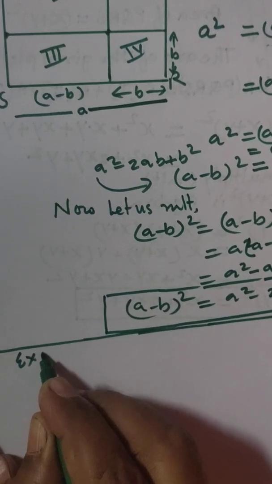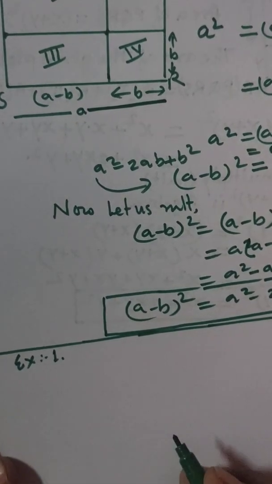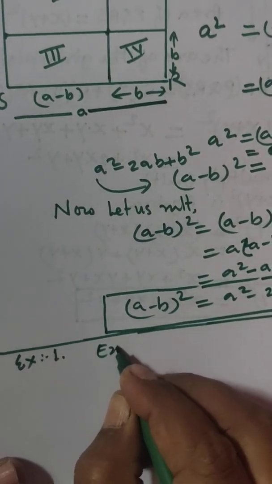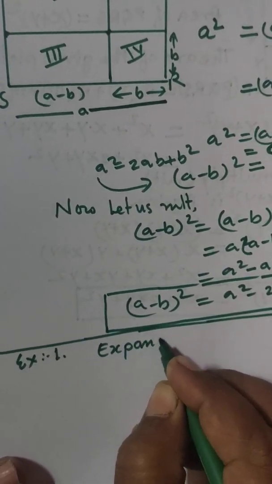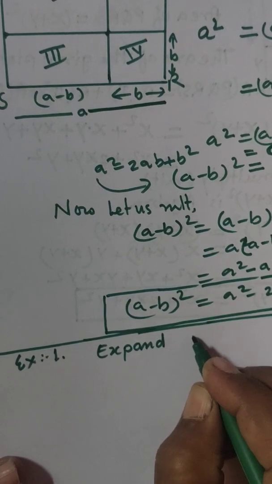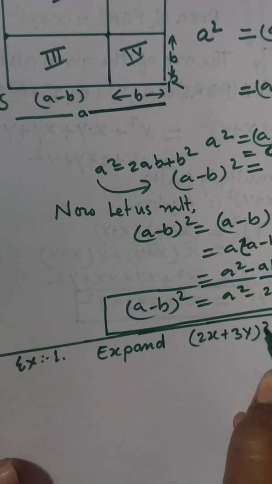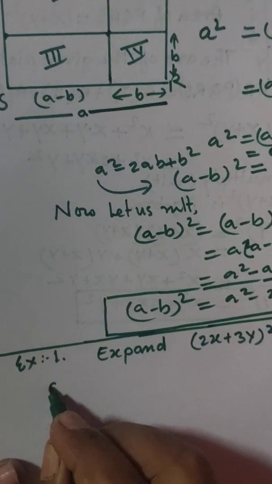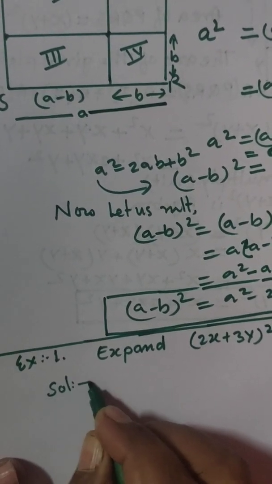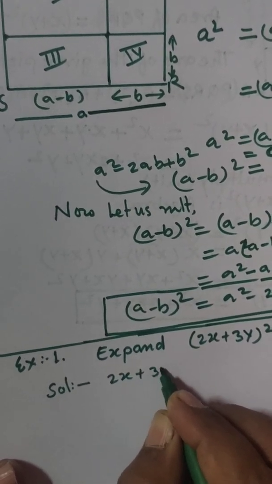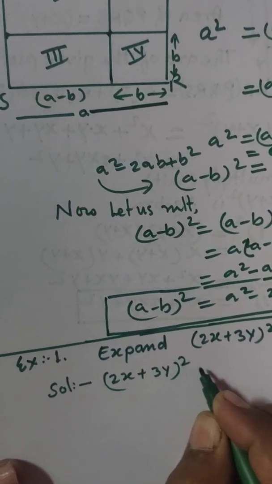Let us consider example 1. Expand 2x plus 3y whole square. For the solution, you can write 2x plus 3y whole square.